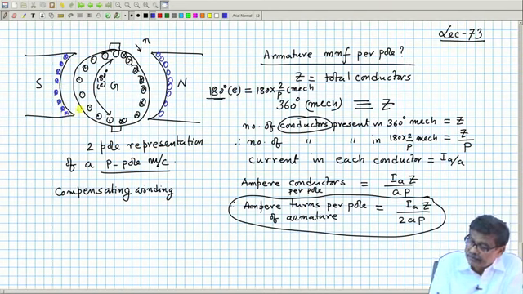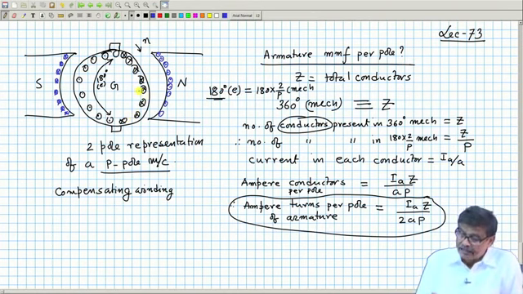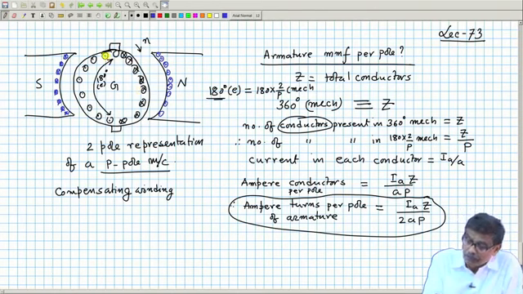We discussed last time from physical reasoning, because the air gap is small, you put this in close proximity, with the hope that the effect of these dot currents will nullify the effect of the cross currents. But the point is that with the help of compensating winding, you cannot compensate for those conductors which are outside the tips of this pole.